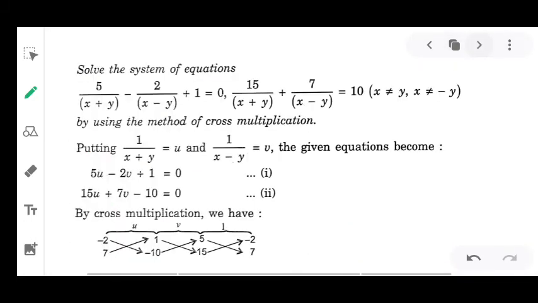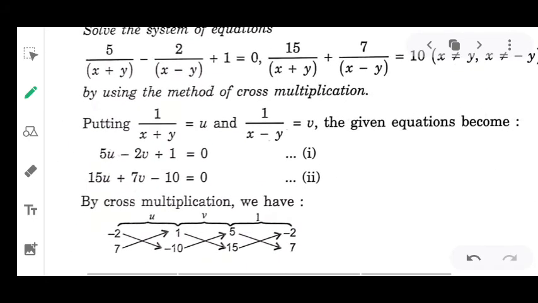So the next example: solve the system of equations 5 by x plus y minus 2 by x minus y equal to 1, and 15 by x plus y plus 7 by x minus y equals 10.